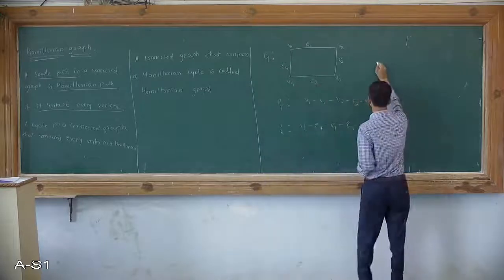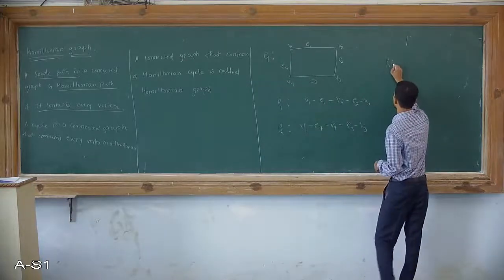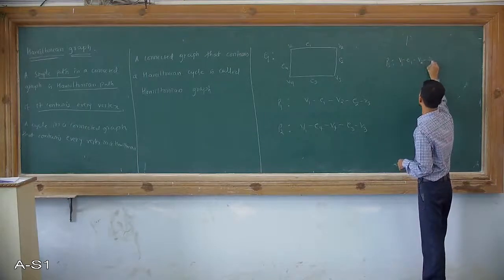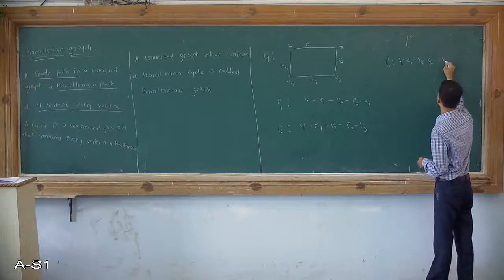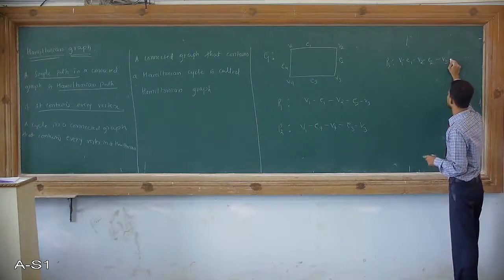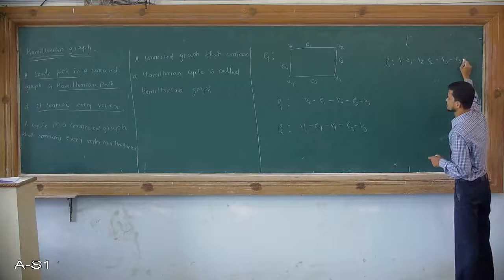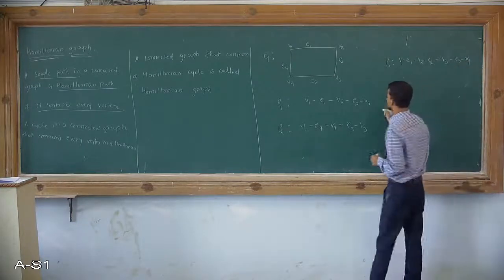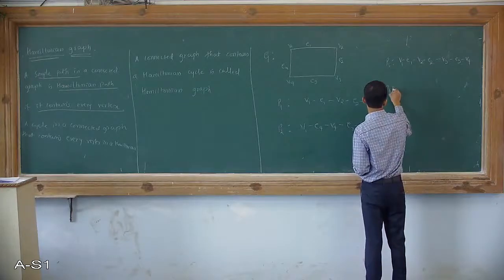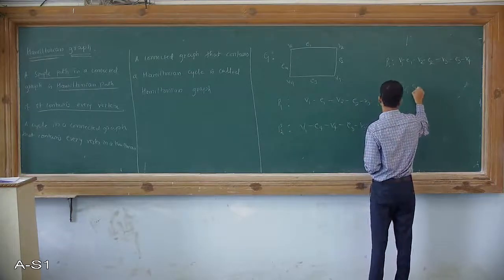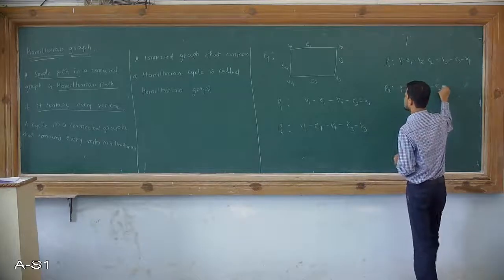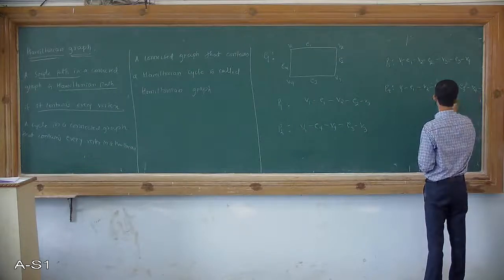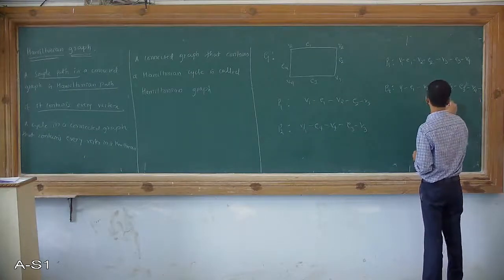Path P3: V1, E1, V2, E2, V3, E3, V4. P4: V1, E1, V2, E2, V3, E3, V4, E4 and E1.